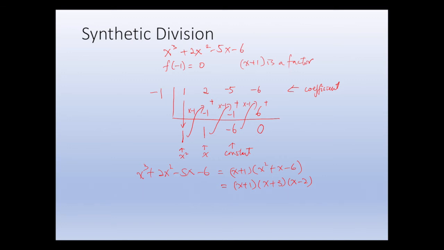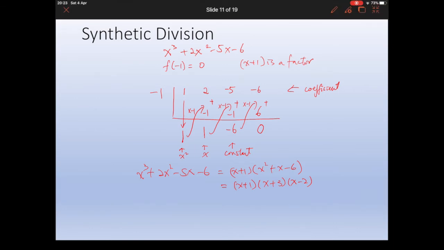So you can see that synthetic division provides you with a quicker way of finding the quadratic from the cubic. You can use synthetic division for polynomials with degree of 4, 5, or 6, as long as you know one of the factors. Now, make sure that the factor is actually a linear factor before you do synthetic division.